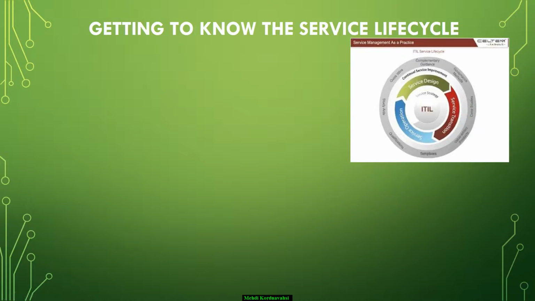Okay, what is the service life cycle? ITIL recommends that you structure your service management activities around the service life cycle. But what is it? The service life cycle is the life cycle of a service from cradle to grave.